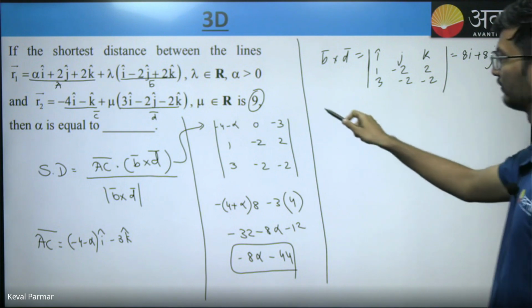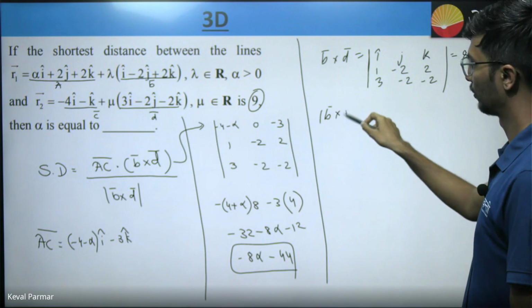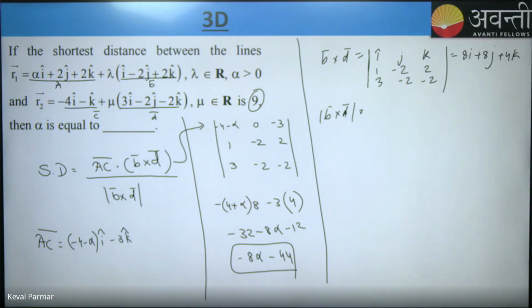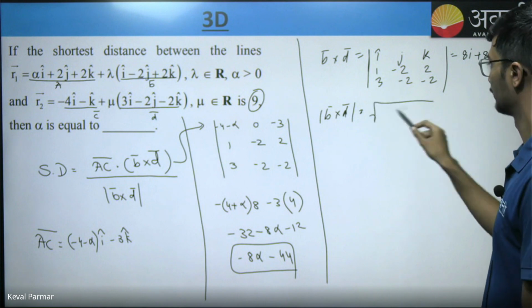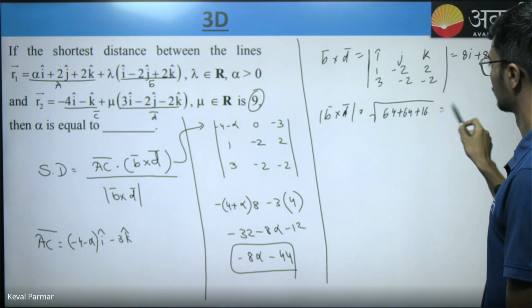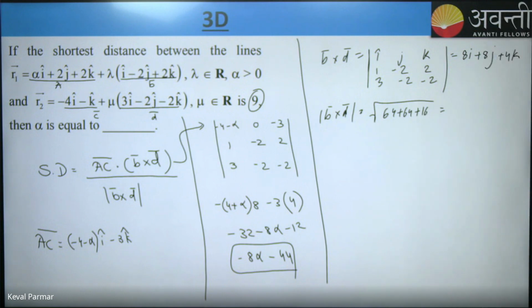What is its modulus then? Modulus of B cross D is under root of 64 plus 64 plus 16, 128, 144. So 12.